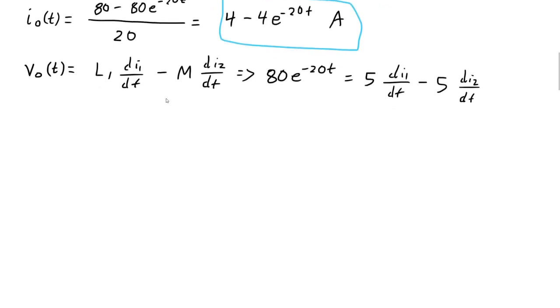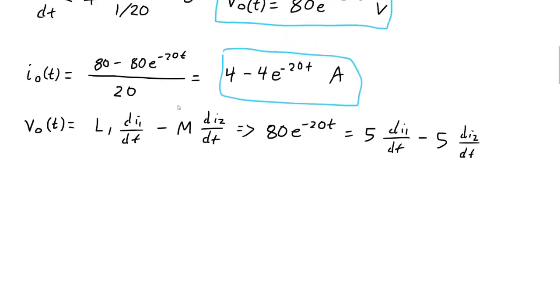So the tricky part is that we've got a derivative going on here. Now, if you remember our KCL, i_o is i1 plus i2. Take the derivative of all that, di_o/dt equals di1/dt plus di2/dt. So we can use that to make a substitution.